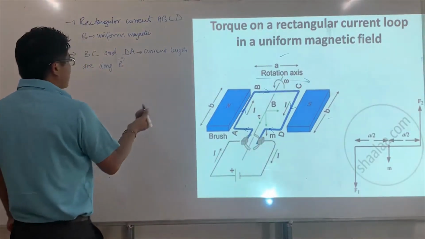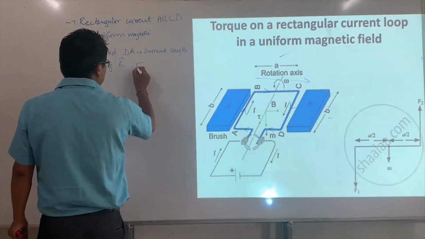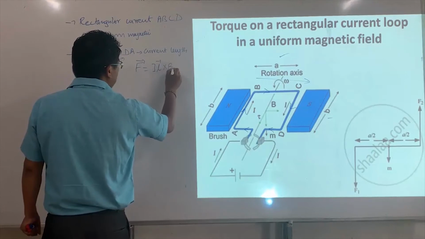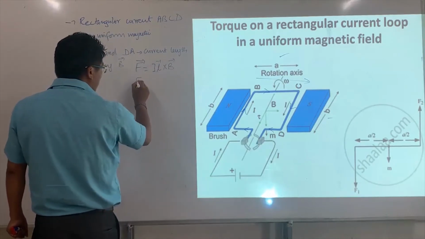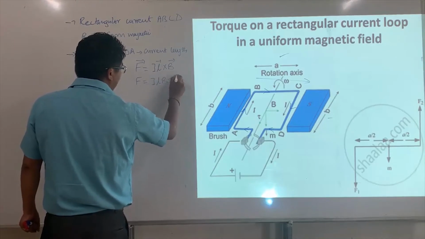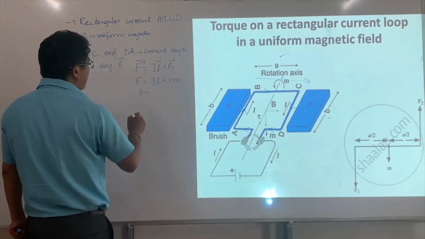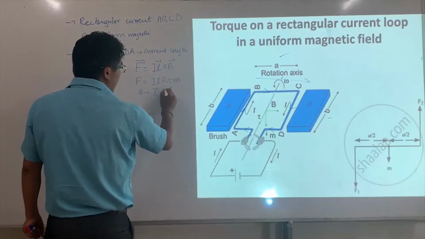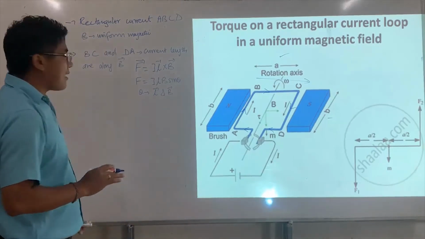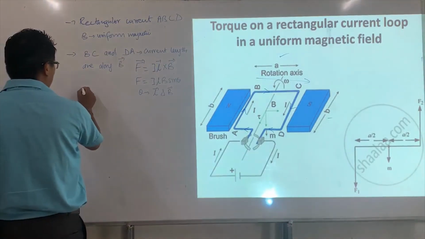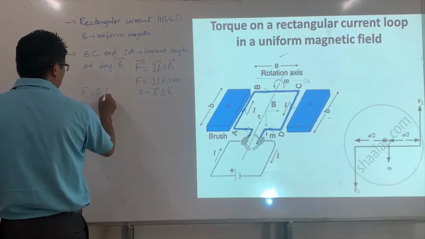Force is equal to IL cross B, which is what we called the Lorentz force. So this is equal to ILB sine theta, where theta is the angle between L and B. For lengths BC and DA, the force is going to be 0.